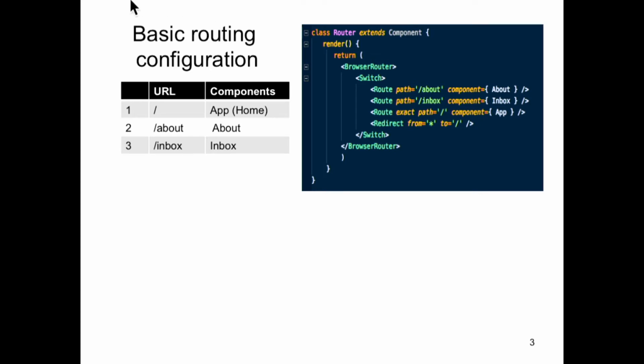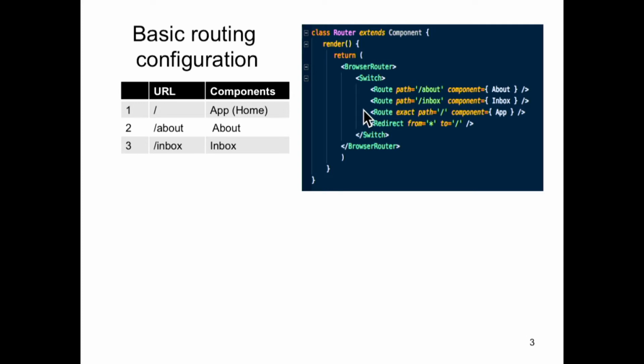The component name is not significant. I just give it a meaningful name, but it could be anything. And it has a render method, and it returns this little JSX structure. Now the outer component has to be a browser router.